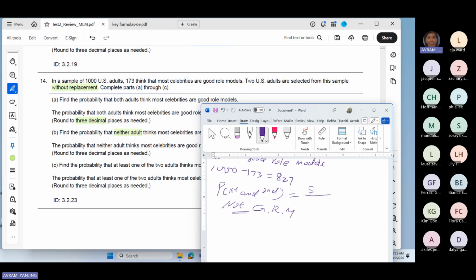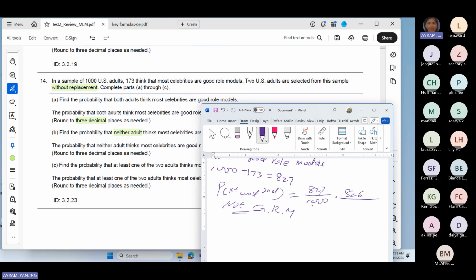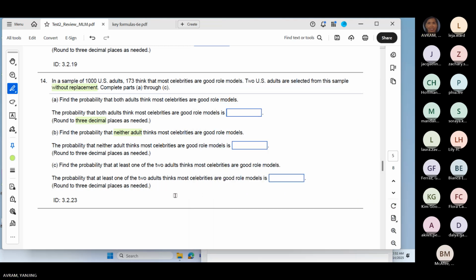The first one is 827 divided by 1000, and then times the second one, who also thinks they are not a good role model, so you're going to have 826 because one is already out, divided by 999. Then you multiply the numerators and the denominators together. So you put in the calculator 827 times 826 divided by 1000 times 999, and then round to 3 decimal places. That's how you do this one.